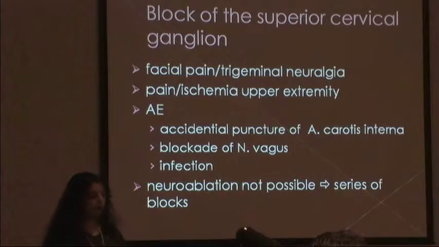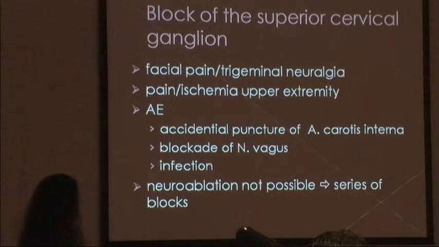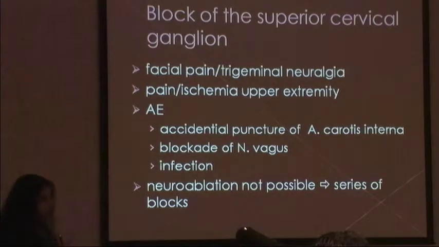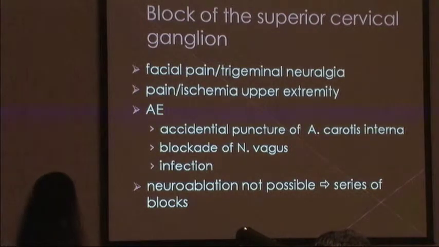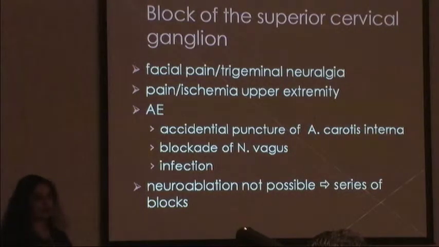And other pain syndromes of the upper extremity, you can also use that for Raynaud's syndrome, for example. And what can happen due to the anatomy of the region where the ganglion sits is that you puncture the internal carotid artery or the vagal nerve. Now, this is something we do not want.